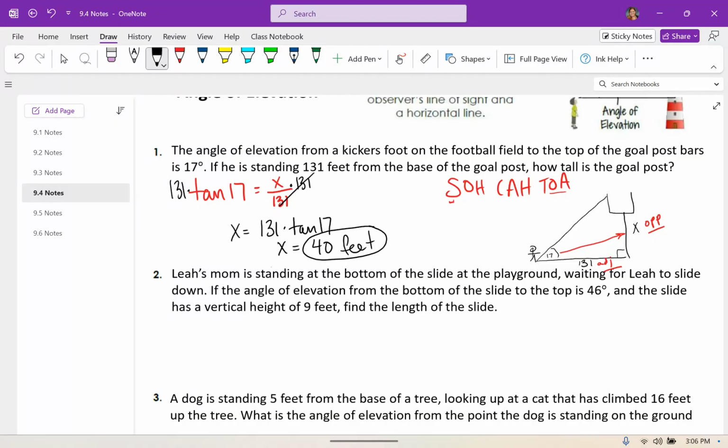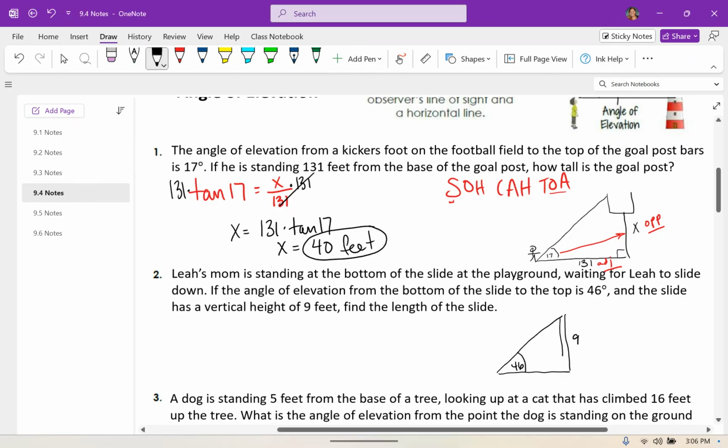Okay. Number 2. Leah's mom is standing at the bottom of the slide on the playground, waiting for Leah to slide down. If the angle of elevation from the bottom of the slide to the top is 46 degrees, and the slide has a vertical height of 9 feet.